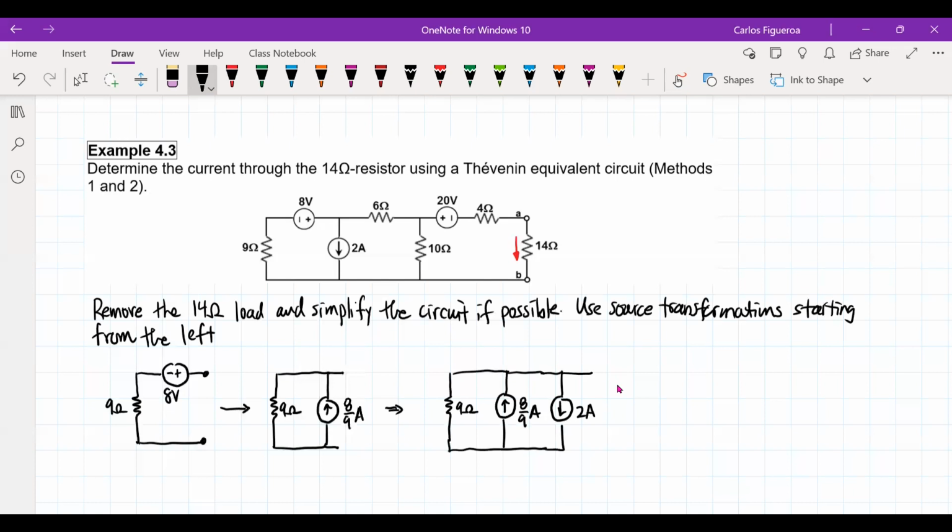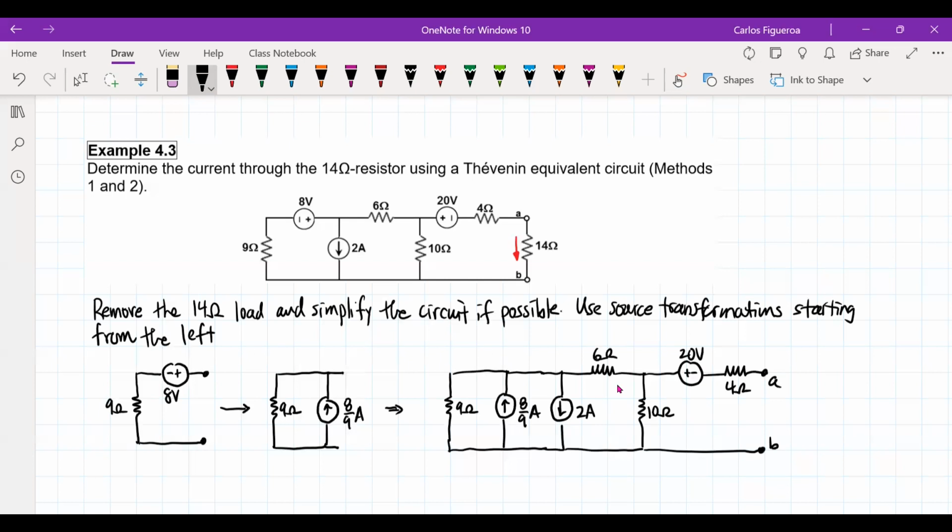Then I have my 6, then I have another 10. So here's my 10 ohm, here's my 6 ohm, and then of course I have my 20 volts right here, and then I have my 4 ohm right here. And again, since I removed the load, this is AB.